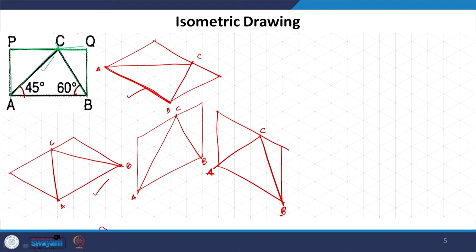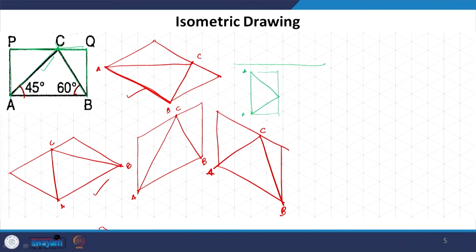Now, suppose this is further inclined. What do we do? Again, we will have the orthographic projections. Suppose I say that it is kept in such a way that this triangle originally was kept like this. Okay. And I will make the reference rectangle.